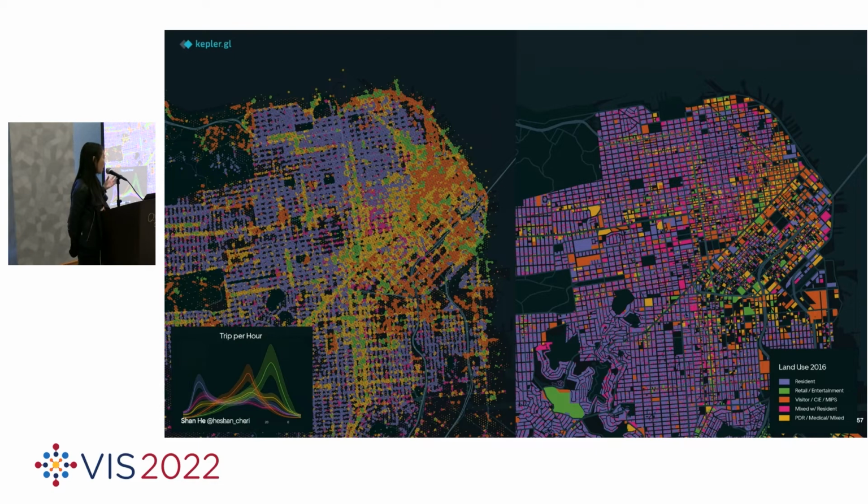On the left side is data collected by raw trips and categorized by the ML model. On the right side, 10 years ago, the San Francisco Planning Department released this zoning map. And then we can see how the zoning has an effect on actual activity of the city.